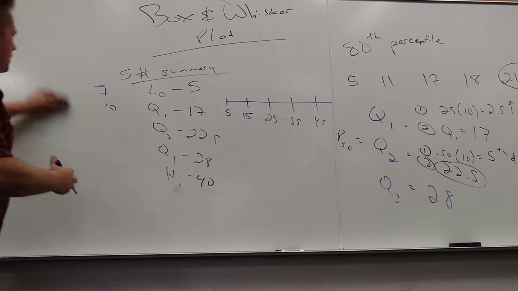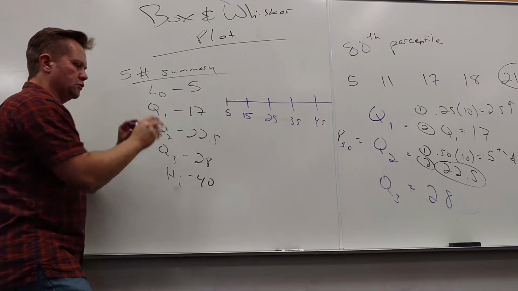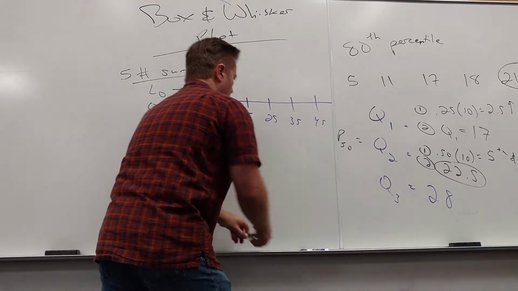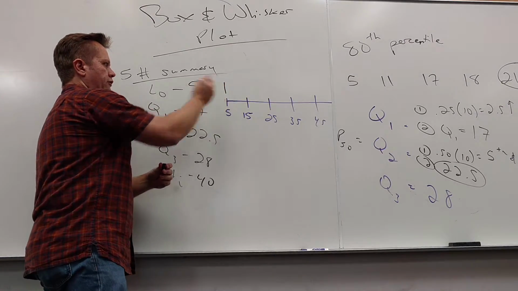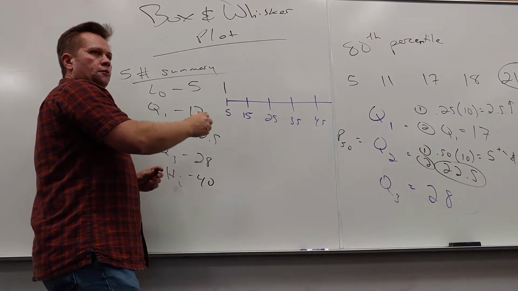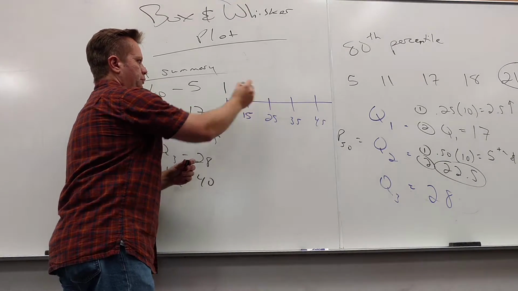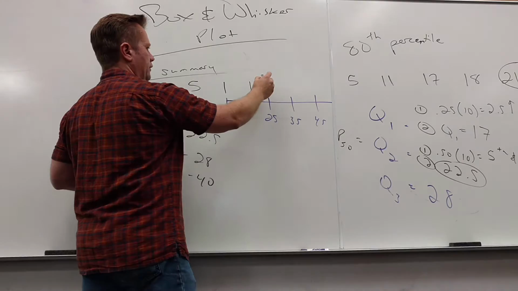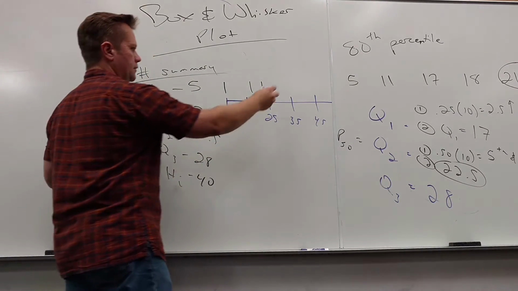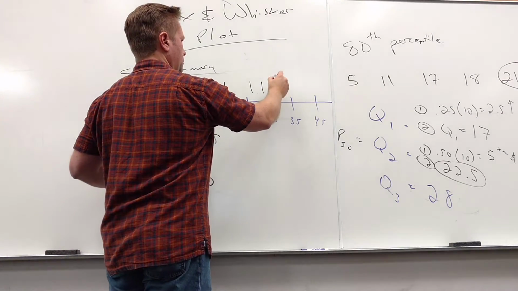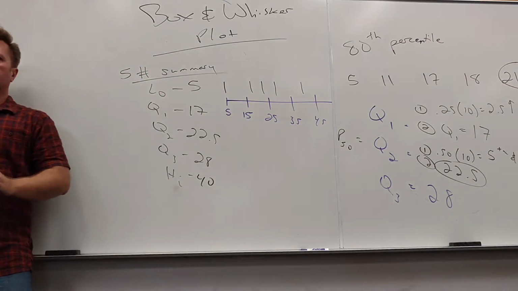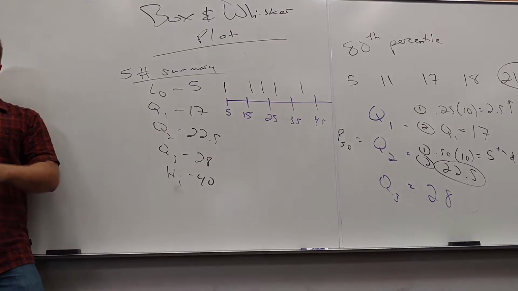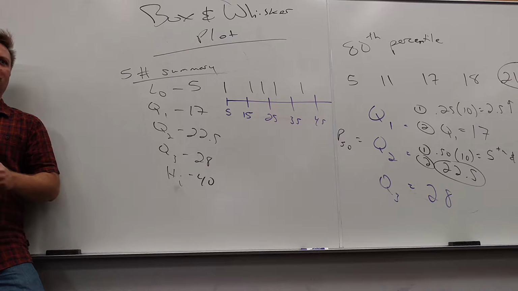Okay, so here's what you do. You're not going to believe me, but you just put a line over each of these. What do I mean by that? Put a line over 5. Put a line over where 17 roughly is. 22.5. 28. And 40. You can make whatever sound effect you want.